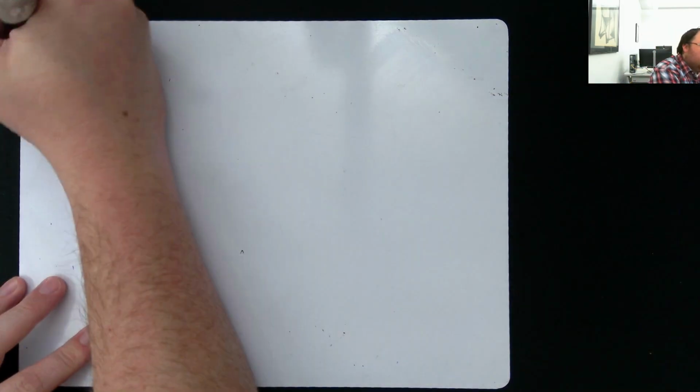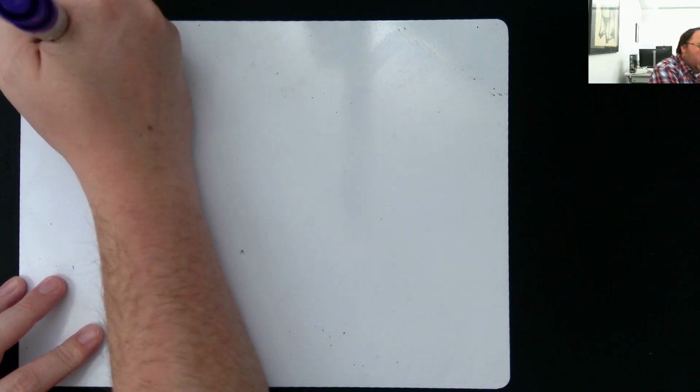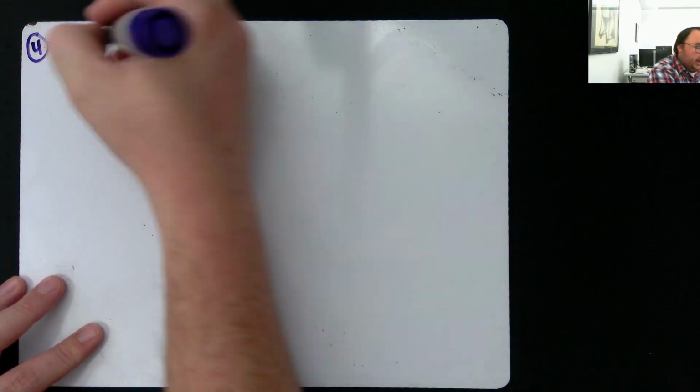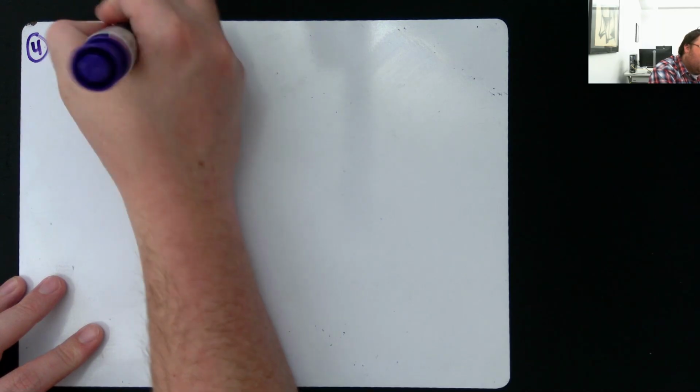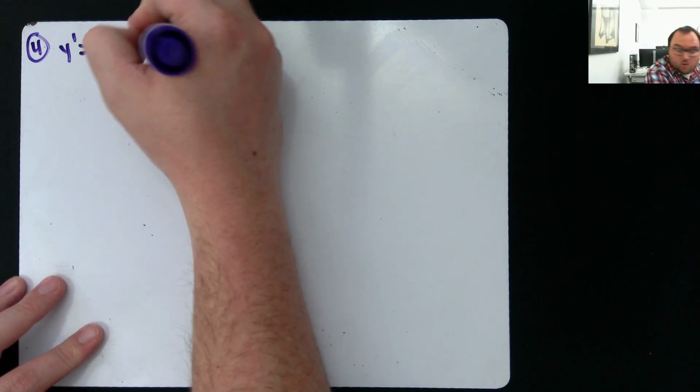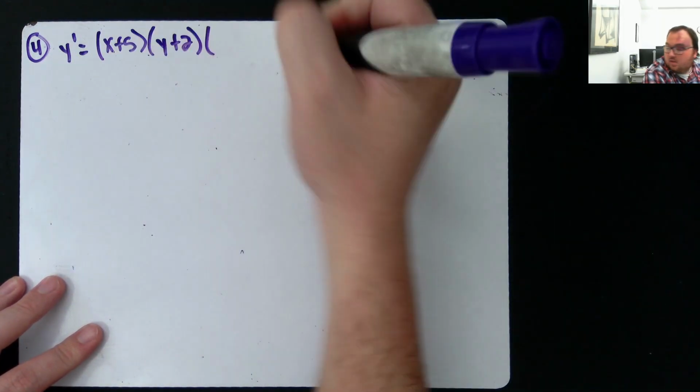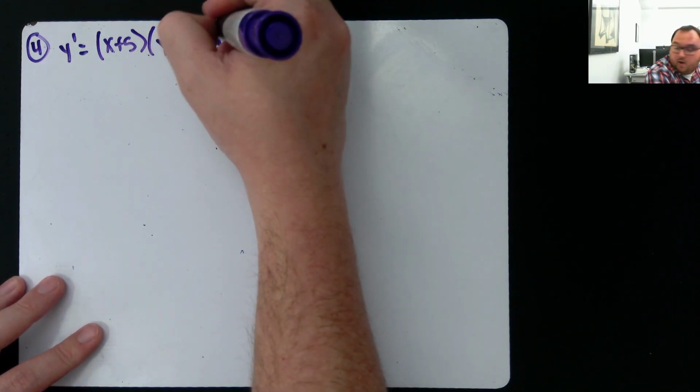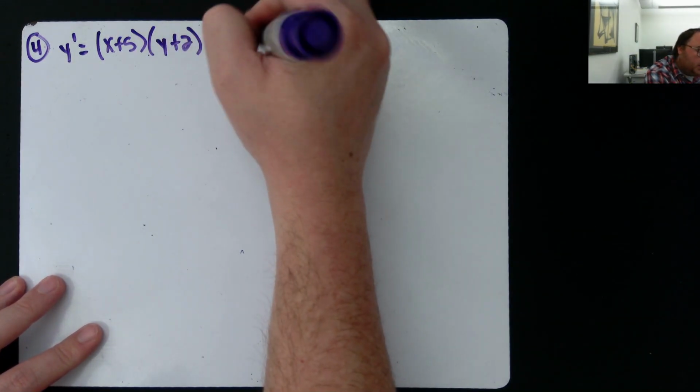So again, this time it is y prime equals x plus 5 times y plus 2 times y squared minus 4y plus 4.